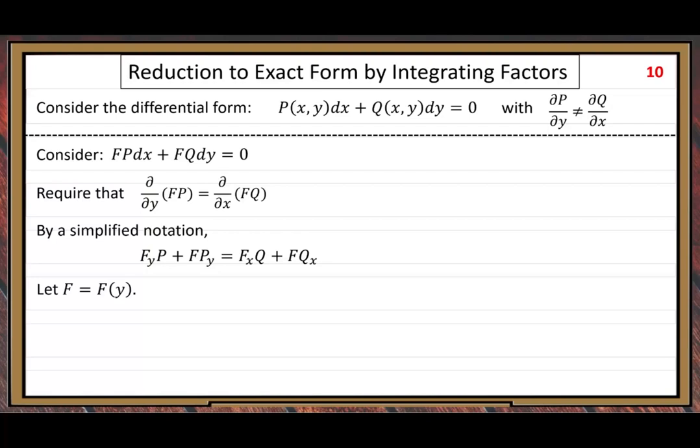The details are similar to our first case. Dividing by FP, this time we get a slightly different expression. The left-hand side is a function of y.